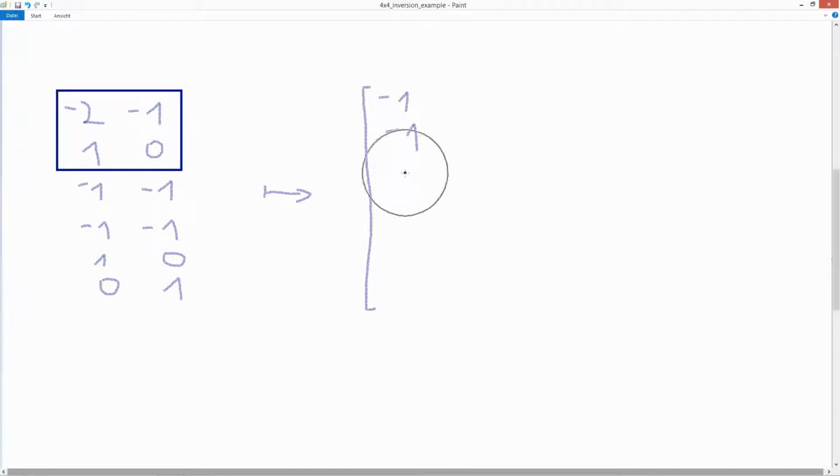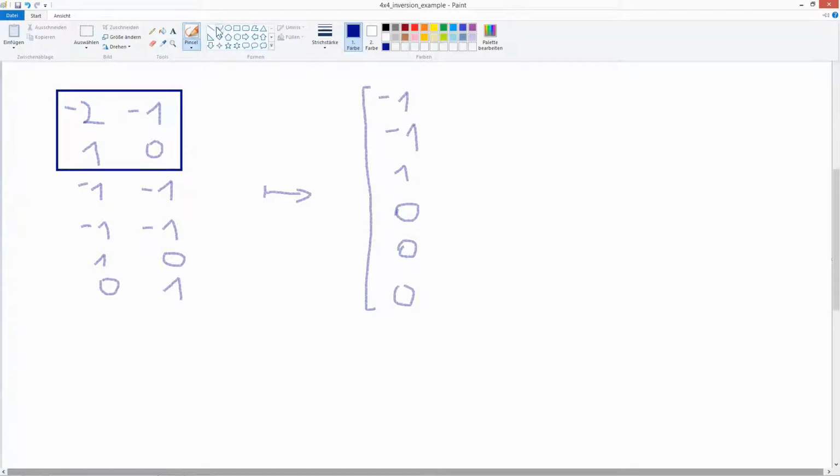And for the last entry here we have to ignore this here and calculate -2 times 0 minus -1 times -1 is 1. And all other entries will be 0, 0, 0.